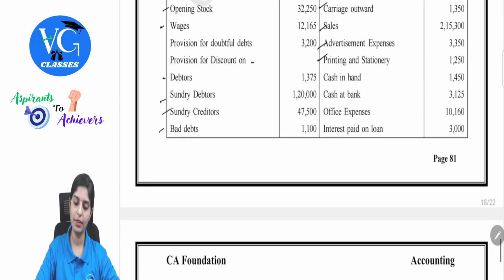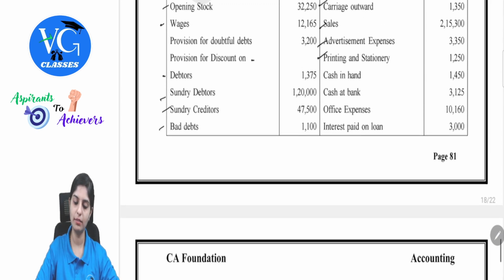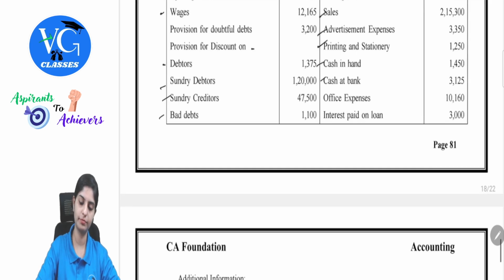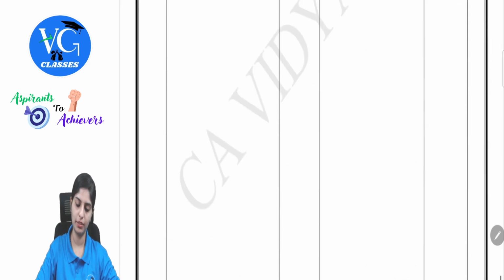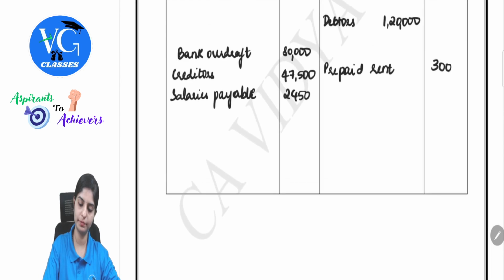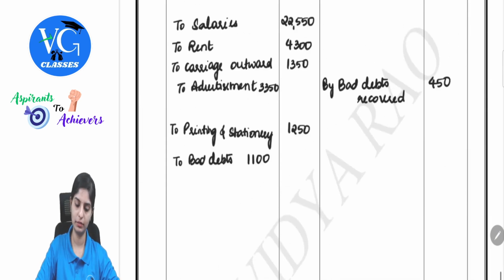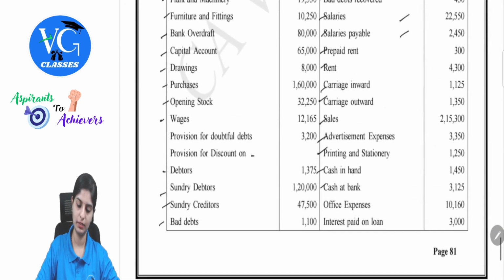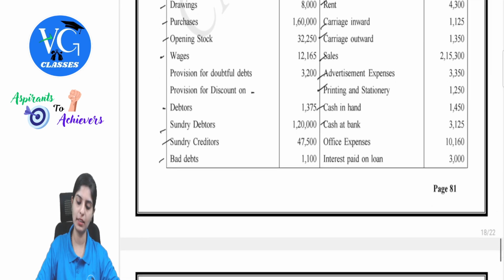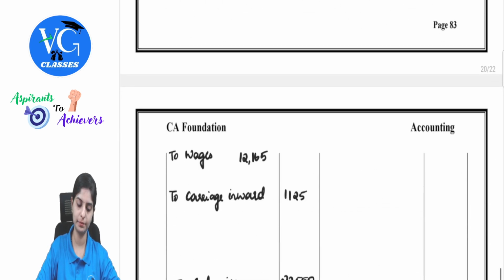Next cash in hand 1450, cash at bank 3125. Cash in hand and then cash at bank. Office expenses 10,160.